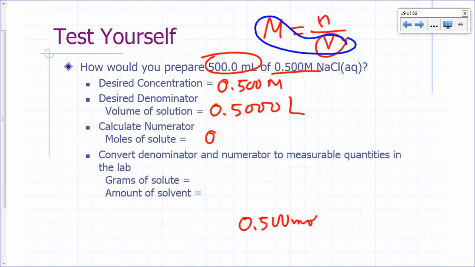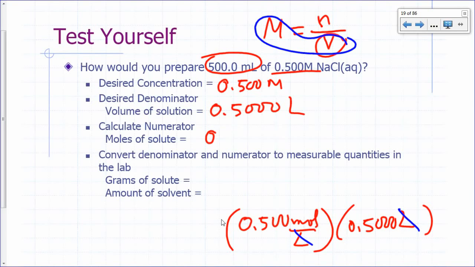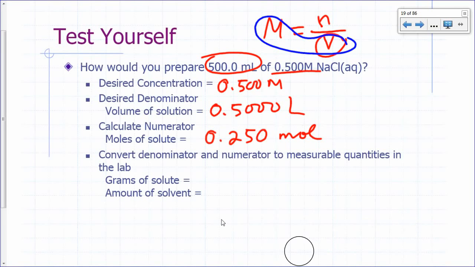0.500 moles per liter times 0.5000 liters gives you 0.250 moles, to 3 sig figs. That's the moles of solid. Well, there isn't a thing in the lab that tells you how many moles you have.